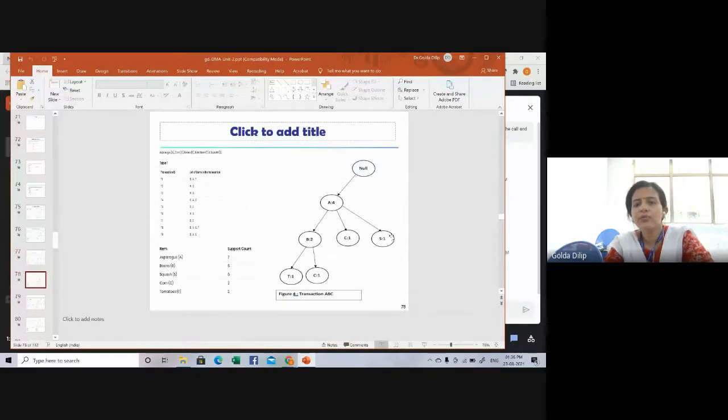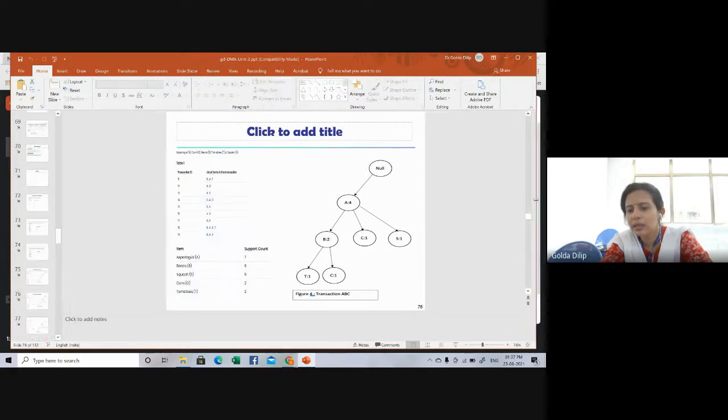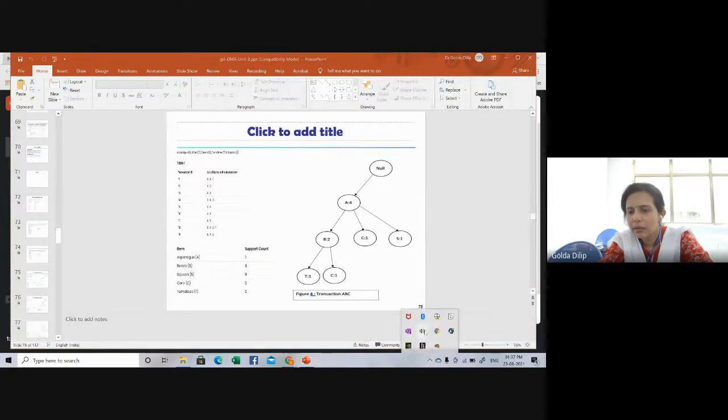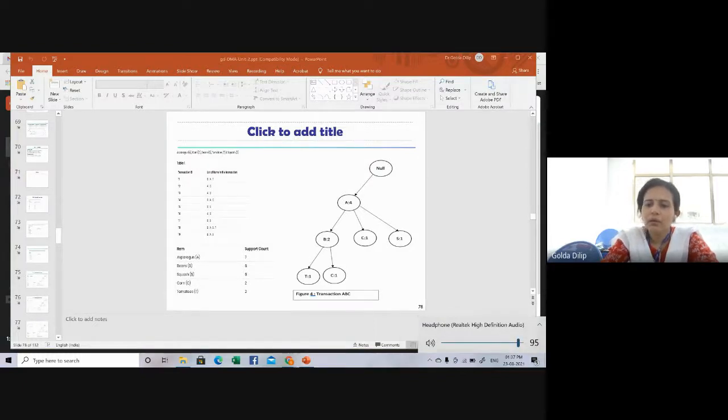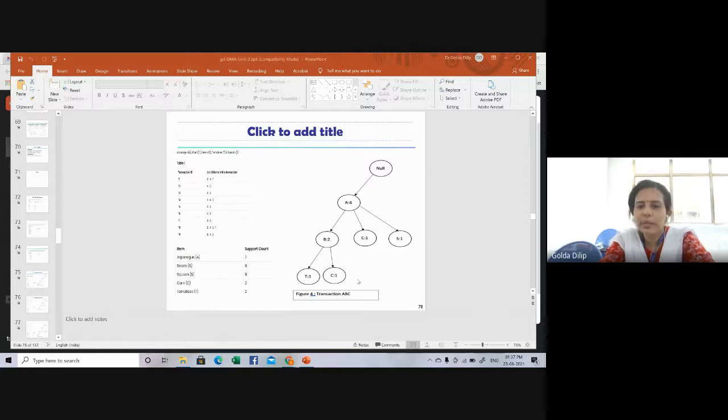So next, coming to the fourth transaction. The fourth transaction is BAC. You arrange it in the descending order of the support count.